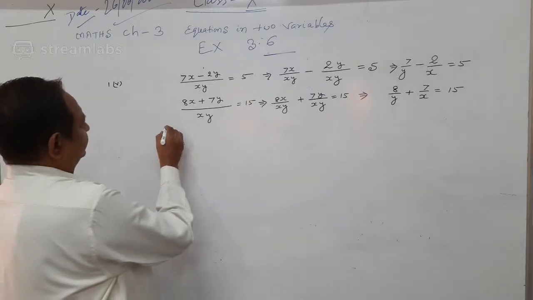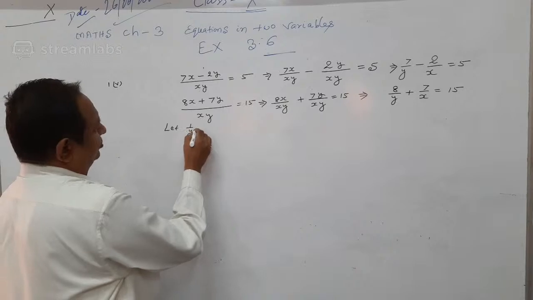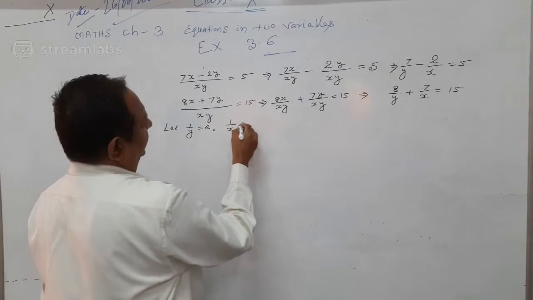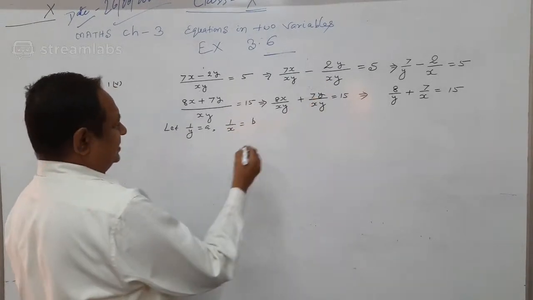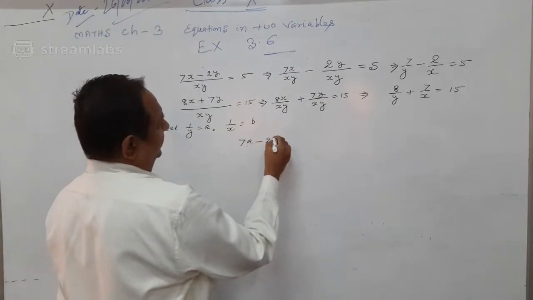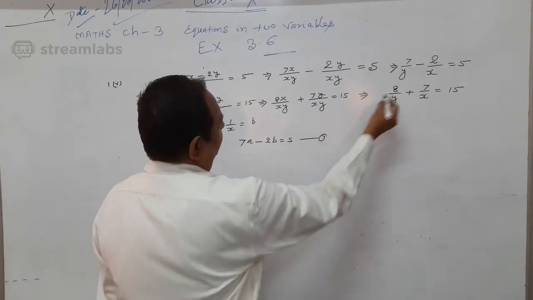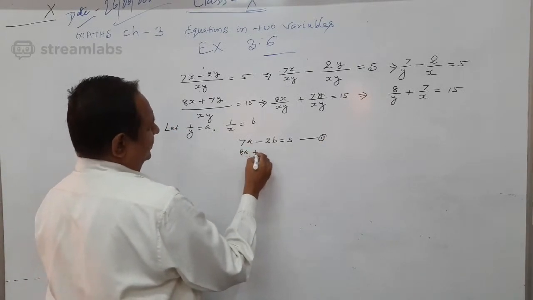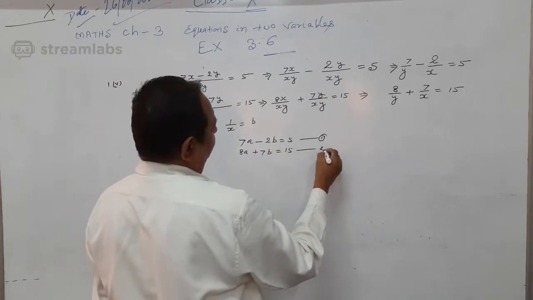So let 1 upon y is equal to a, 1 upon x is equal to b. The given equations change to 7a minus 2b is equal to 5, say equation number 1. 8a plus 7b is equal to 15, equation number 2.